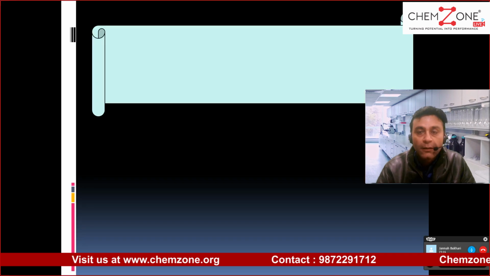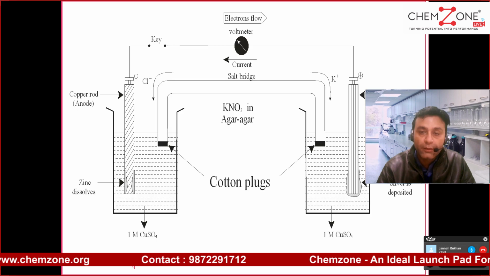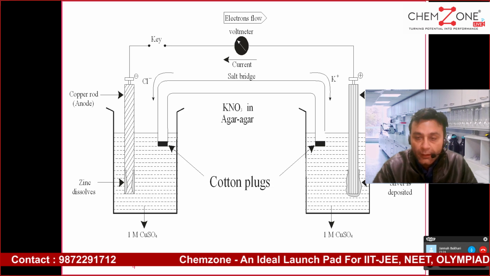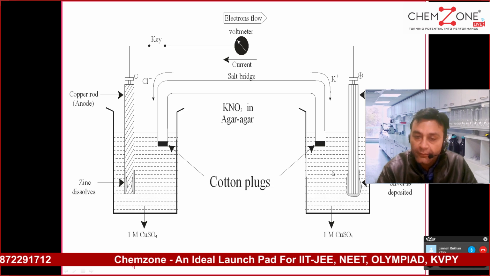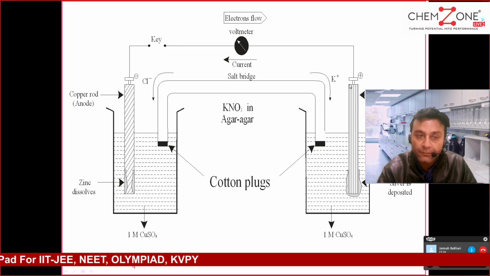Now, see here. What we have done, we have set up a cell here. In this beaker, we have copper sulfate and a silver rod here. Here I have copper sulfate and a zinc rod here.